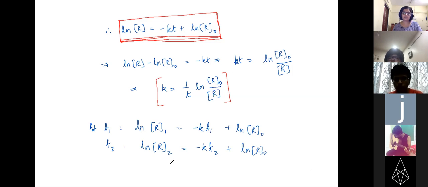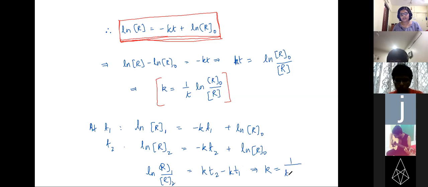Once you subtract both of them, you get ln of R1 upon R2 equal to kT2 minus kT1, which means that you can get k equal to 1 by T2 minus T1 into ln R1 upon R2.